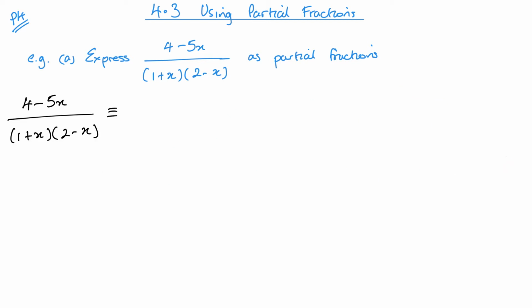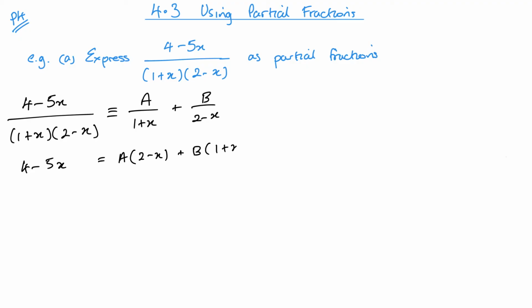So as partial fractions, we want A over 1 plus x and B over 2 minus x. Now that will mean that 4 minus 5x will be the same as the other top line, which is A times (2 minus x) plus B times (1 plus x). Obviously skipping a couple of steps there.